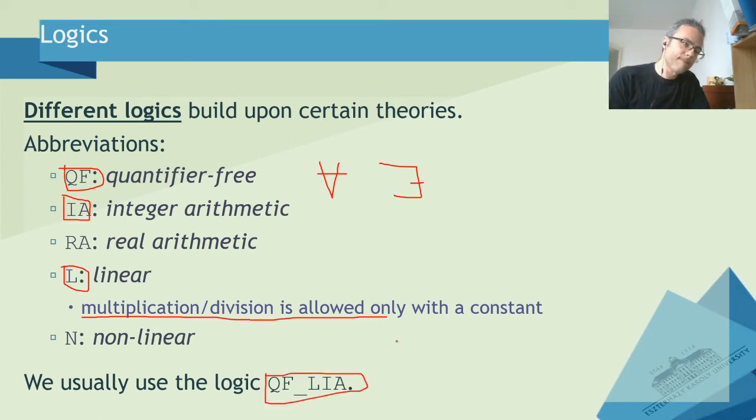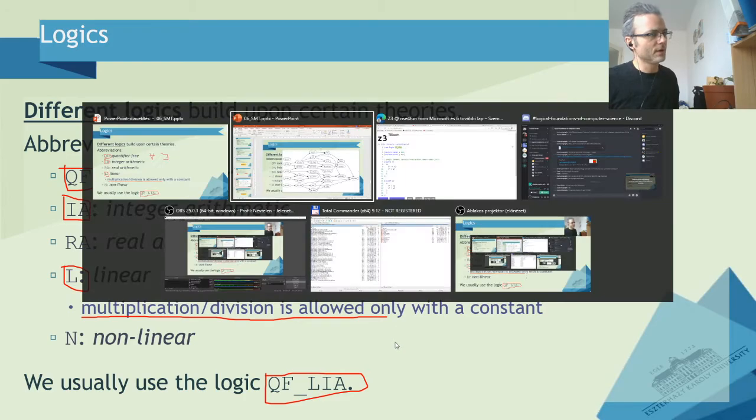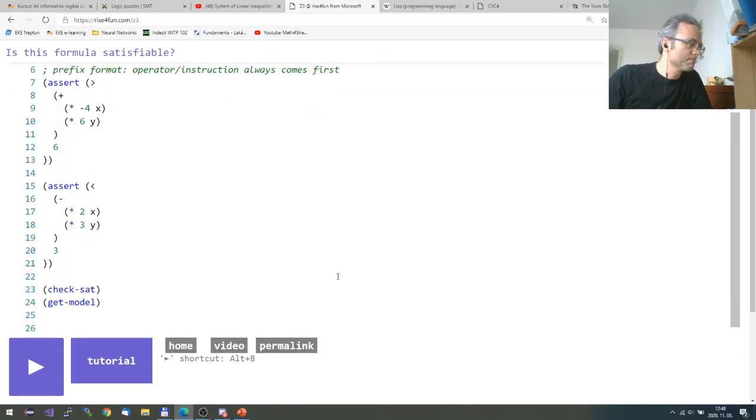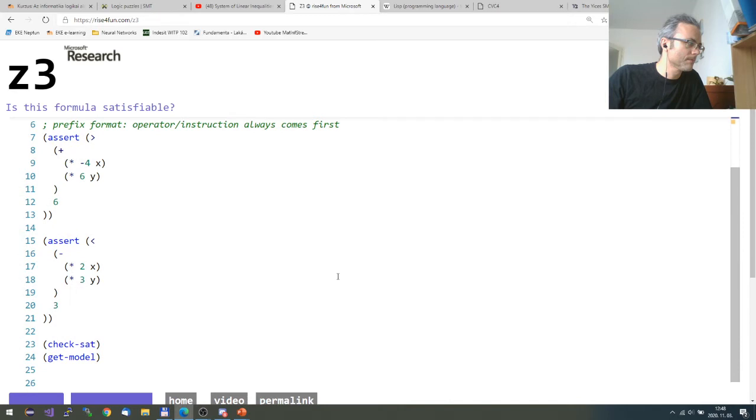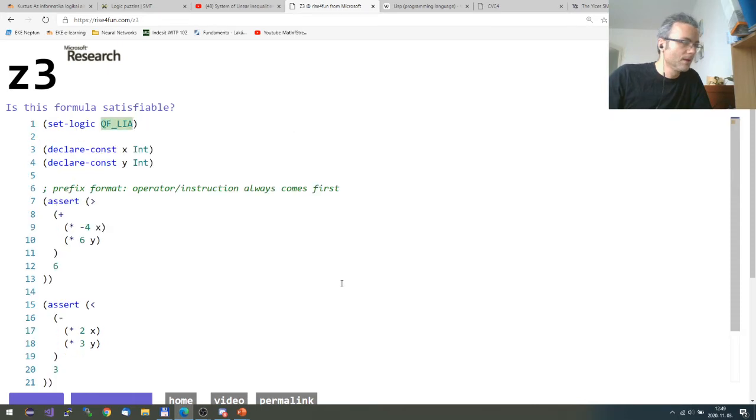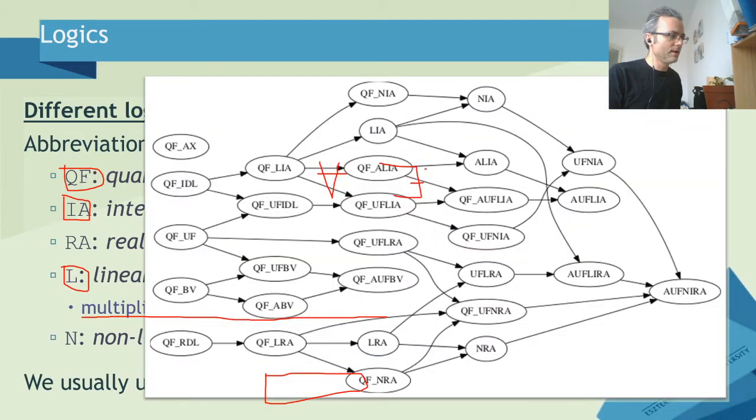I think I know why Z3 doesn't work. Because the result should be a real number, maybe because of it, and we're using integer logic. We can give it a try, because of course we can also pick a similar logic, this one here, quantifier-free linear logic for real numbers, QFLRA.